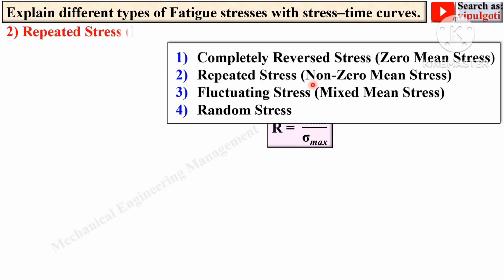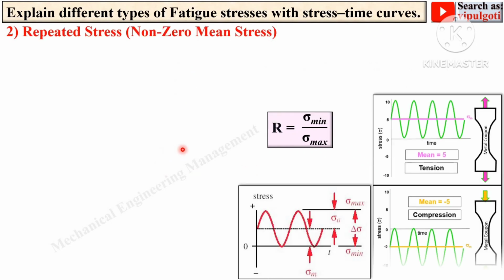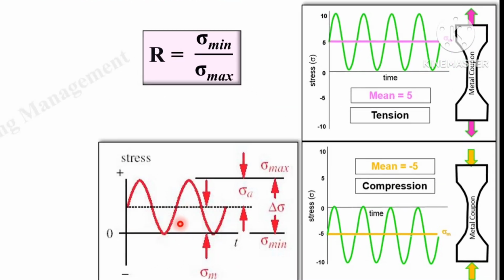Second one, repeated stress, is also known as non-zero mean stress. In this diagram you can see the mean stress value for this type of stress, and this mean stress is not on the zero stress line. That's why it is called non-zero mean stress.